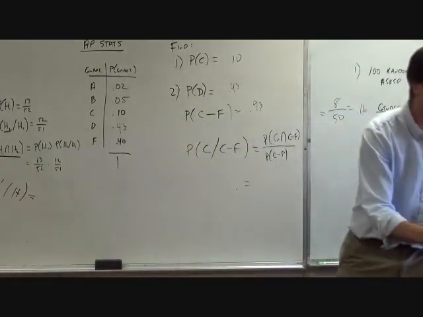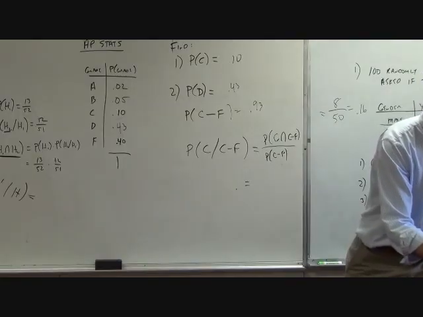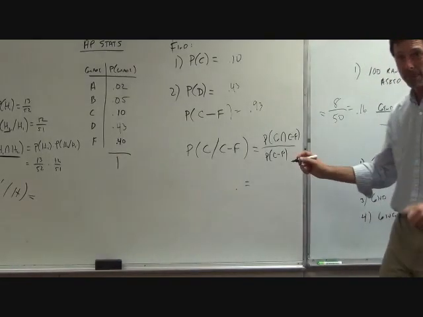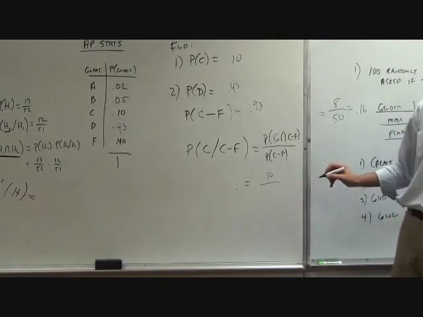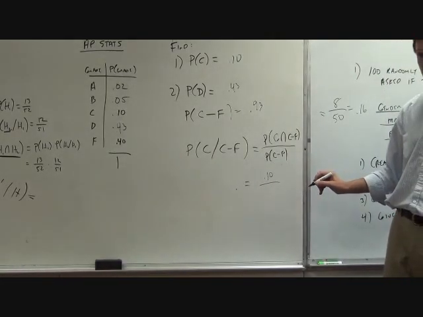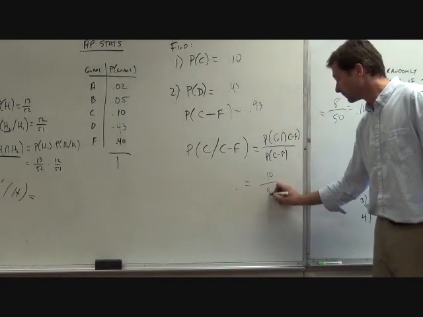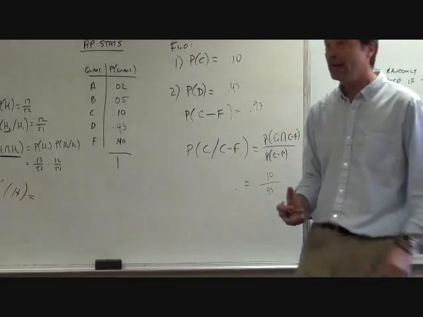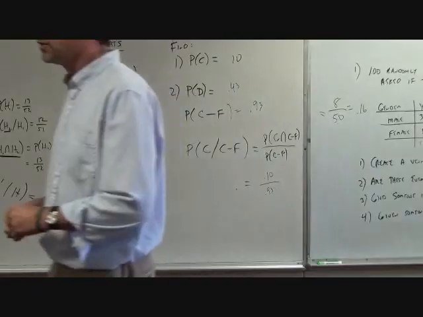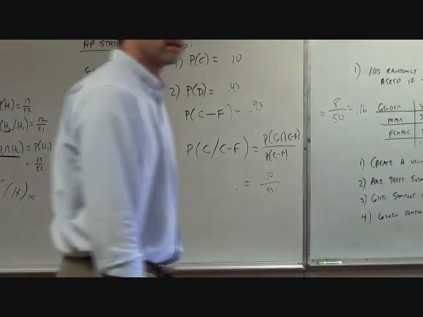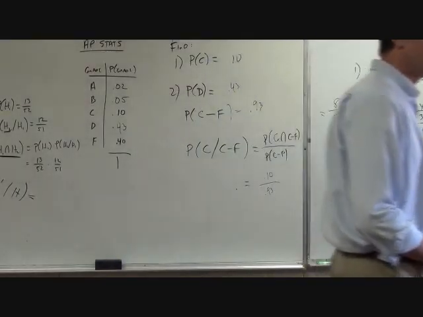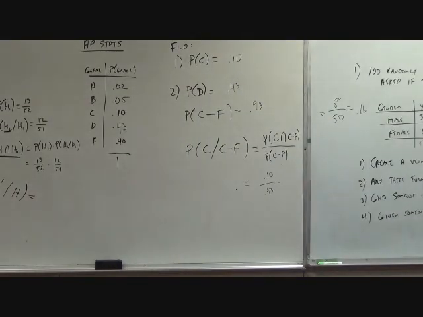What's their overlap? Just that 10%, right? So the numerator here is 10%, and then what's the denominator? Yeah, we found that up here. Go figure that out. Whatever that comes out to is the probability that that student got a C.